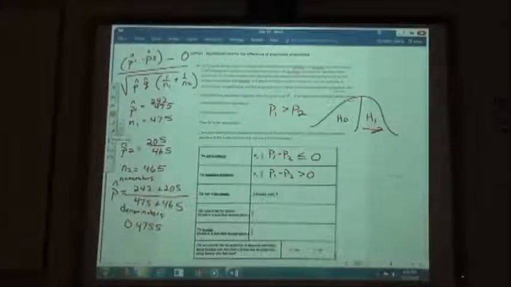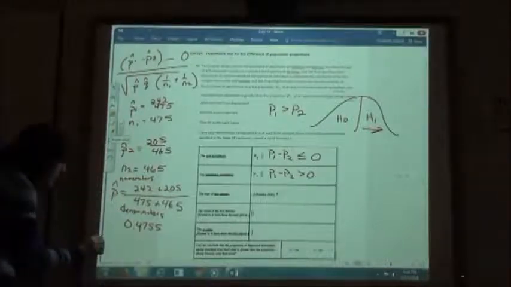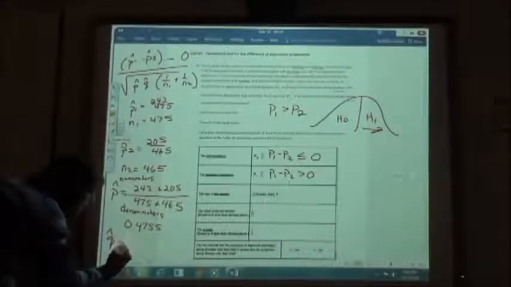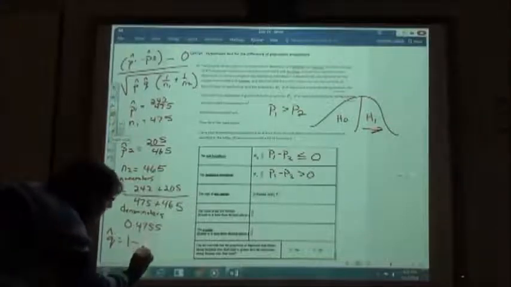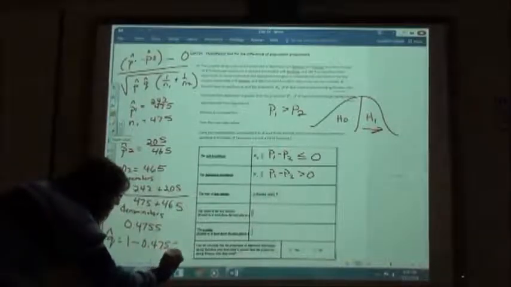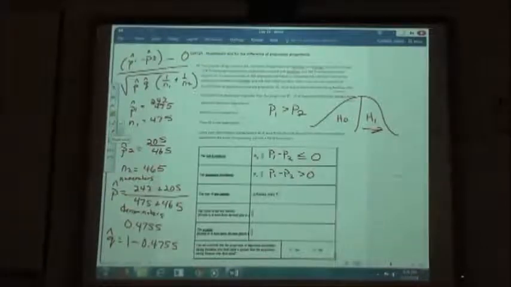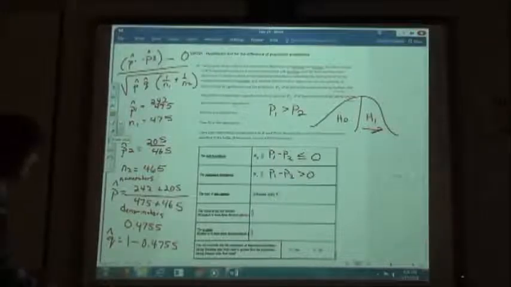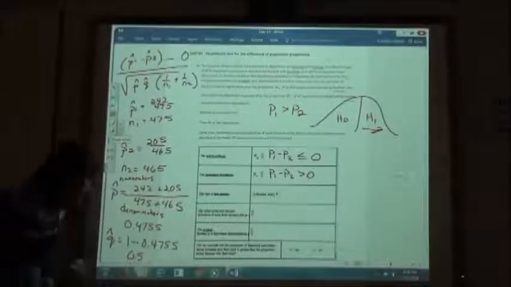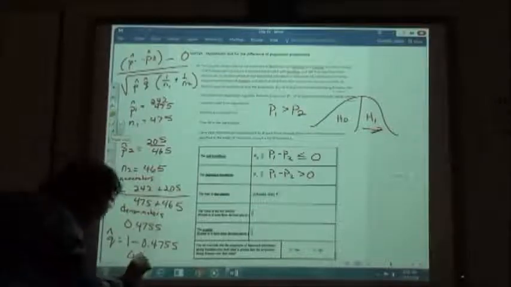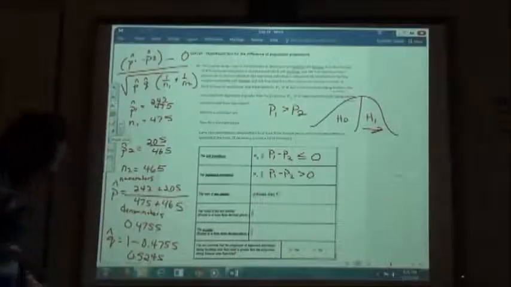So, that means for Q hat, we are going to do 1 minus the P hat, 0.4755. If you do 1 minus that value, you get 0.5245.